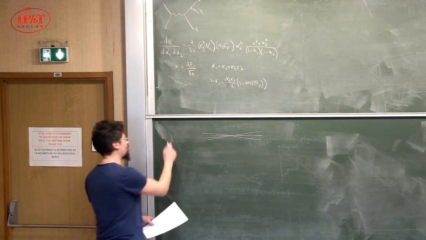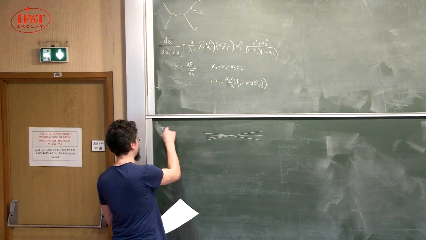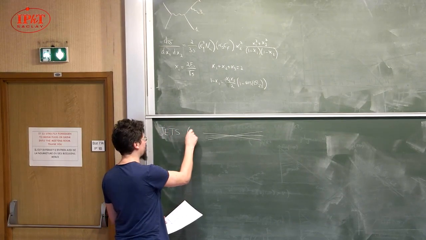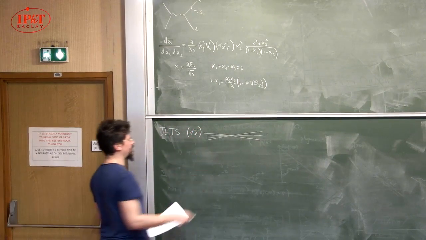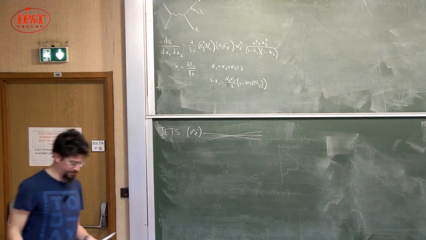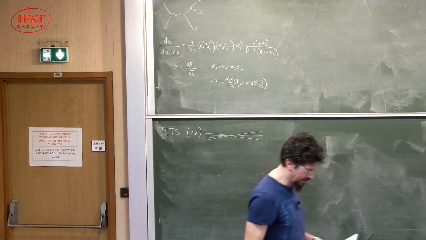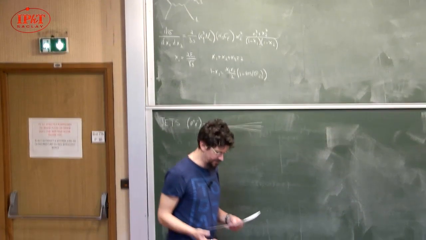And to do this, we are actually going to introduce the concept of jets. I'll start with e+ e- at the moment. I'll carry on with pp collisions later in this lecture.